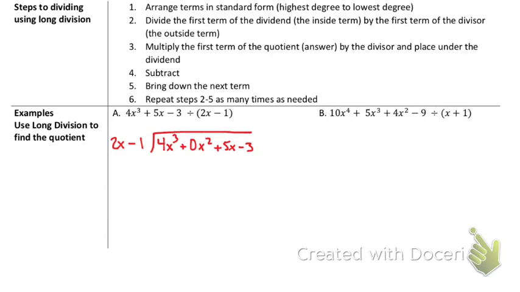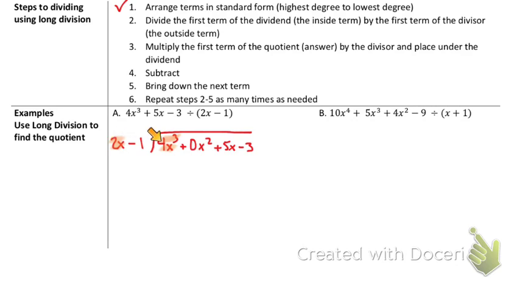Okay, now that step 1 is done, we are going to go on to step 2. And in step 2, we're going to pay very close attention to only the first terms. So this guy and this guy. So the first term in the divisor and the first term in the dividend. Okay, here's the dividend, here's the divisor. So what we're going to do in step 2 is divide the first term in the dividend, the inside guy, by the first term of the divisor, or the outside guy.